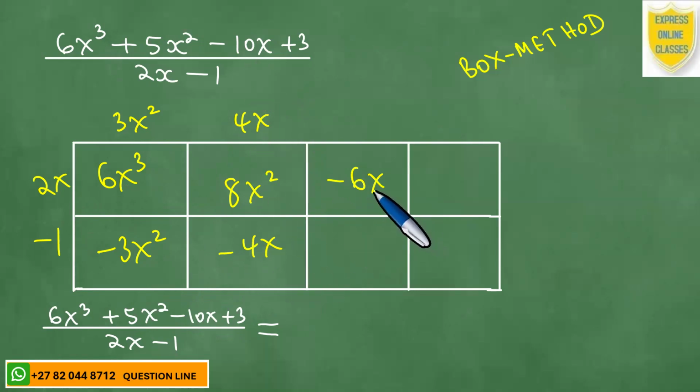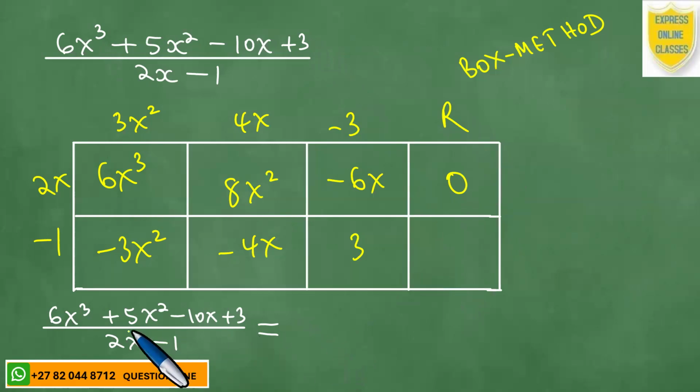So if you divide minus 6x by 2x, you get minus 3. You multiply these two, you get minus 6x, and minus 1 times minus 3 gives us a 3. Okay, so now what number do you put here so that the sum is exactly 3? You can only put a 0 here, and that is the remainder.